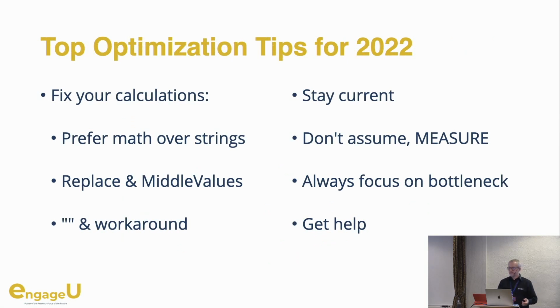So my top optimization tip for this year, based on this experience, is: fix your calculations. You don't have to believe me, but I think many of your existing calculations can be much faster even without Claris changing a single line of code in FileMaker.